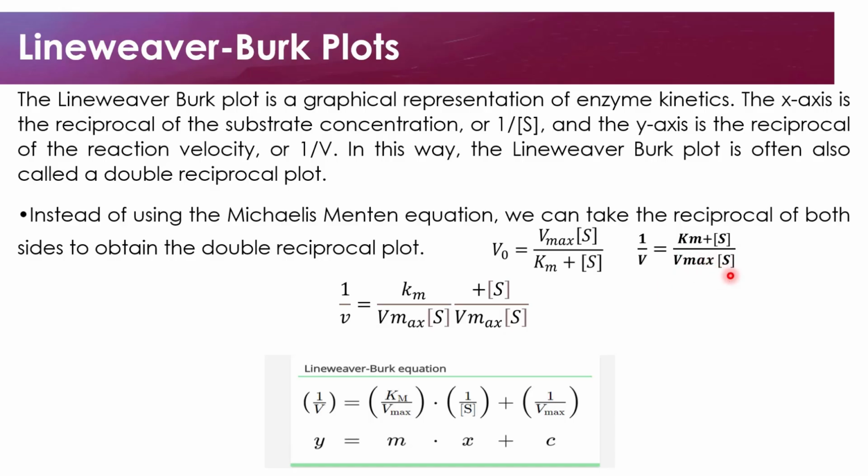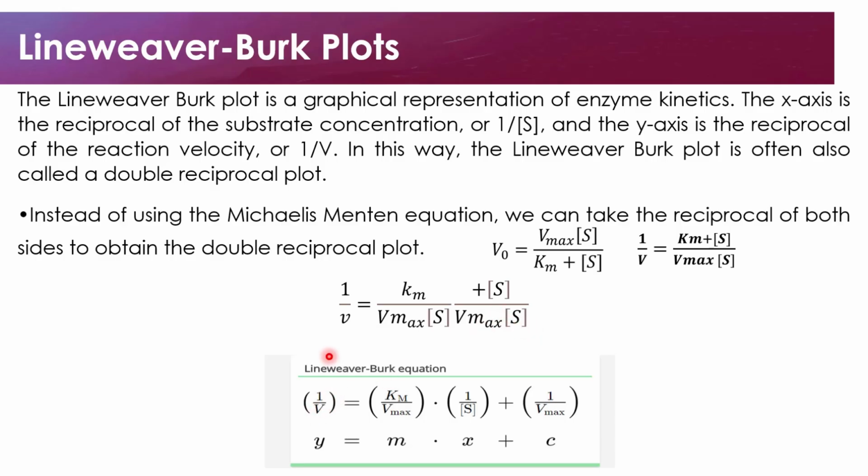We can expand this equation to get 1 over V equal to Km divided by V maximum times the substrate concentration, plus the substrate concentration divided by V maximum times the substrate concentration.